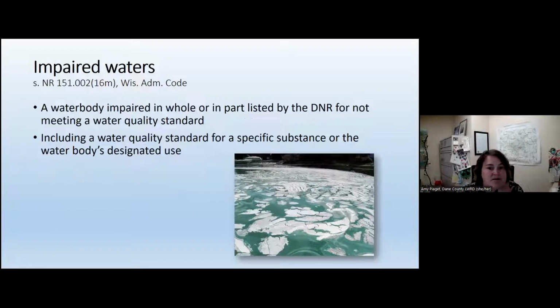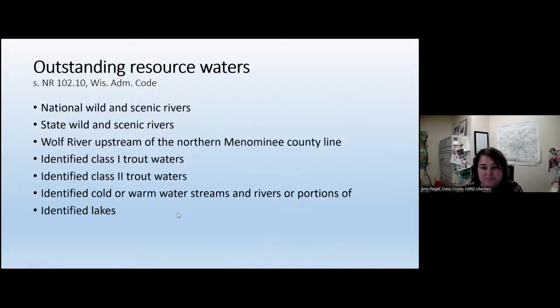The nutrient management standard refers to a lot of impaired waters, which basically show up on the 303(d) list on DNR's website. So I don't go into a lot of examples of these because you can look up the impaired waters for your county on DNR's website. But basically they're impaired for some water quality standard or specific substance or the designated use for that water body.